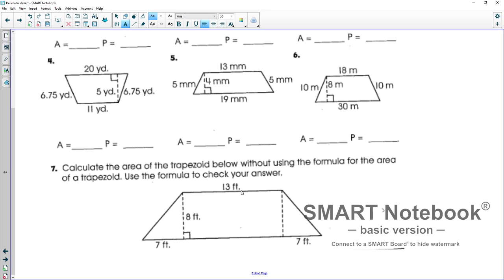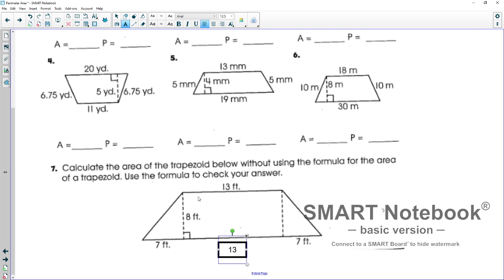This one says 13, has a 7 and a 7 here, but I'm missing this part. I want you to think about rectangles. What number should go in here? If you said 13, you are correct.